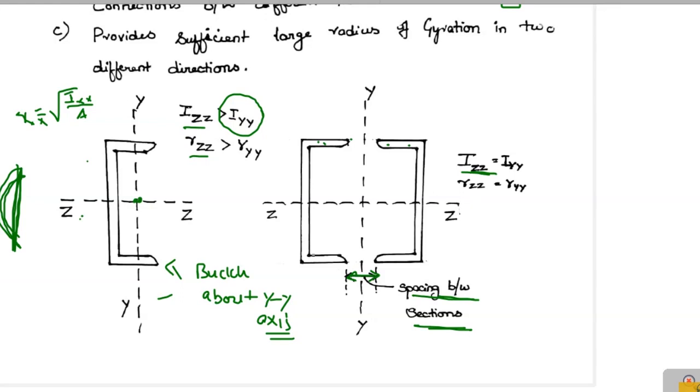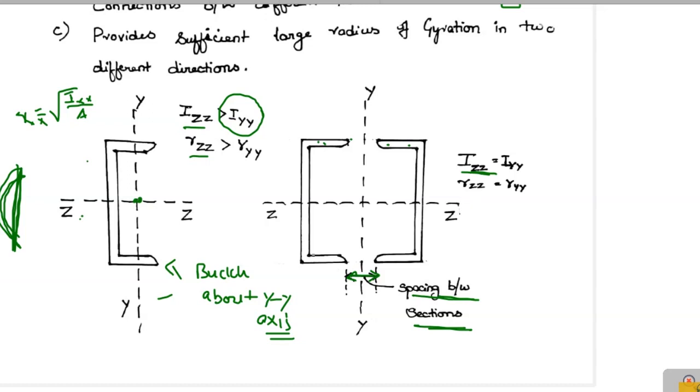Before, when it is individual, IYY is smaller, right? But when you come to these built-up sections, when you increase the spacing between the sections, this IYY keeps on increasing and it can even exceed the moment of inertia about ZZ axis. Okay, but practically we are going to provide spacing between these two channel sections so that IZZ is equal to IYY.